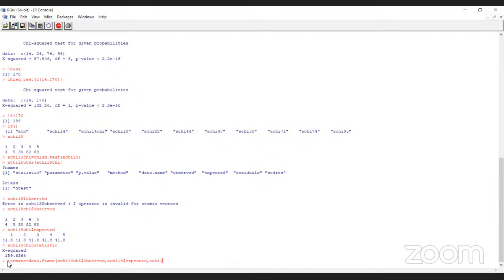HI4 dollar statistic, comma, HI4 dollar P full stop value, small p value, bracket close.